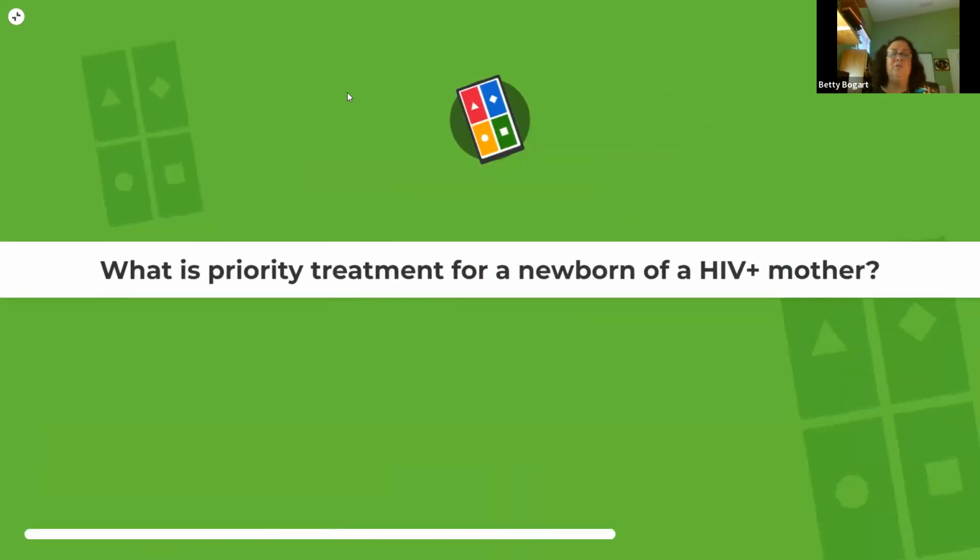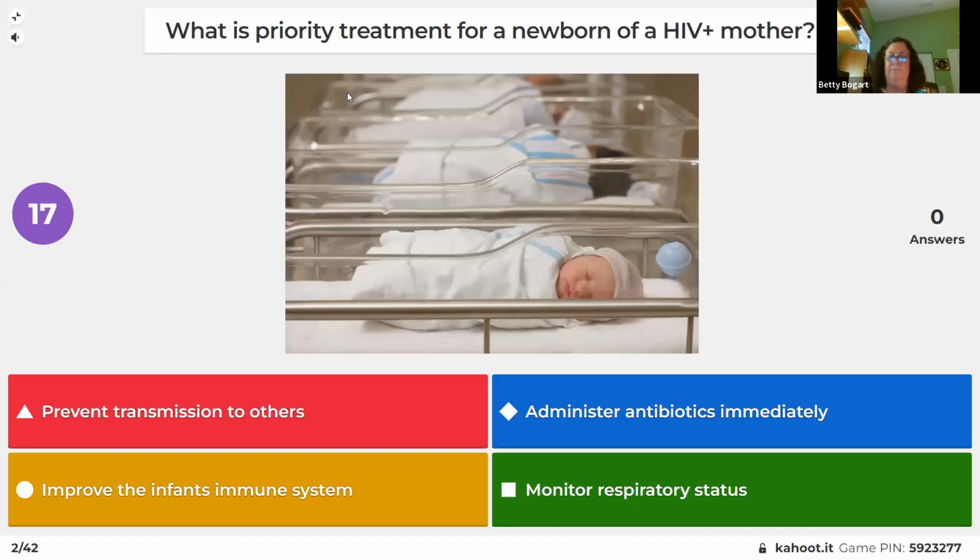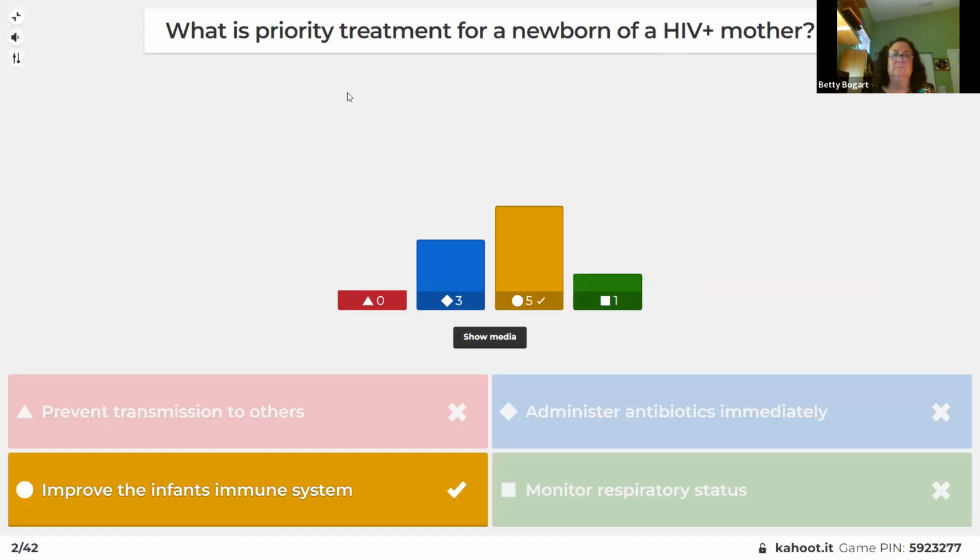What is the priority treatment for a newborn of an HIV positive mother? What therapies did I tell you that we do for the newborn, and why? So why are we giving antibiotics to a viral disease? It's not going to work. Remember that.